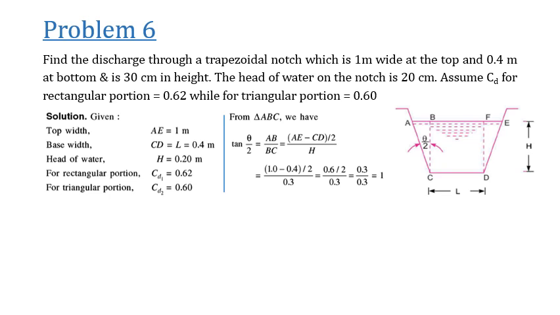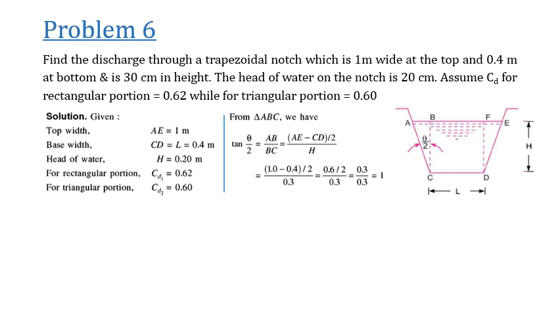So the angle theta is not known, and the width of the notch at top is given. It is 1 meter and 0.4 meter at the bottom and 30 centimeter in height. So basically we have to calculate this angle theta by 2.